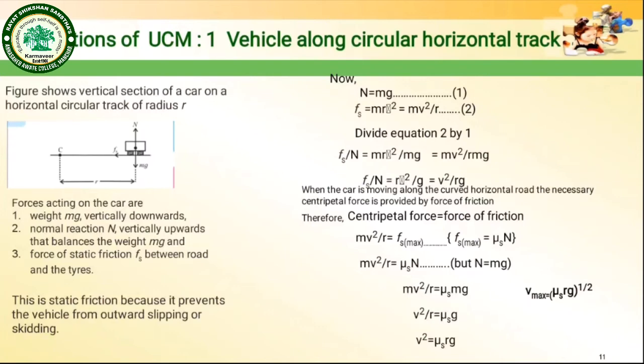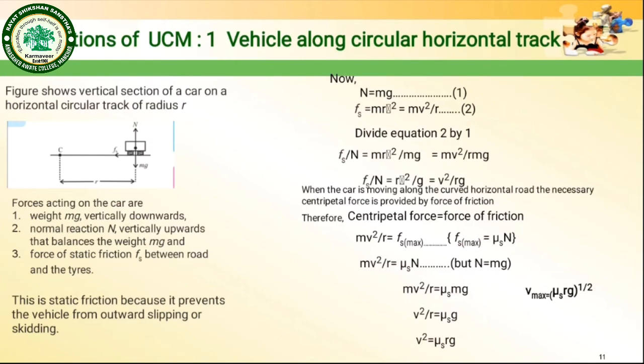Fs upon N is equal to m r omega square upon mg. We can write this as mv square upon r mg. From both sides m cancels out, and we get Fs upon N is equal to r omega square upon g, which is equal to v square upon rg.